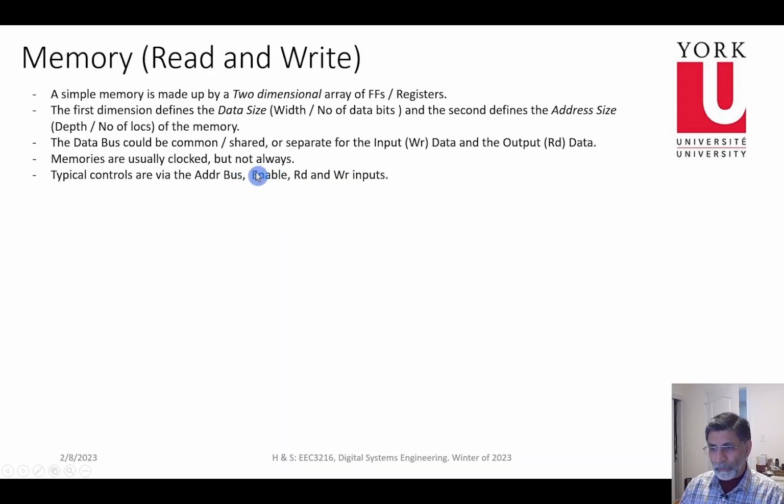In the RISC code that you will get, quite likely it is not a clocked memory, but the one I'm showing you is clocked. Typical controls are the address bus, whether it is enabled or not, and whether we are going to do a read operation or a write operation.